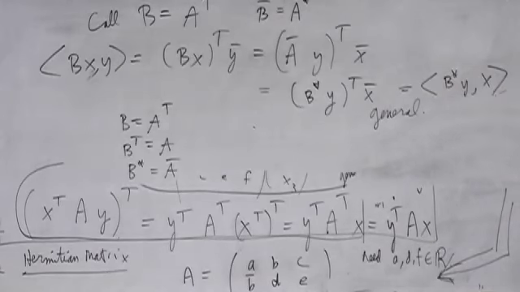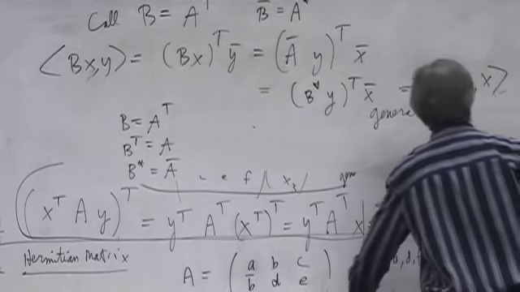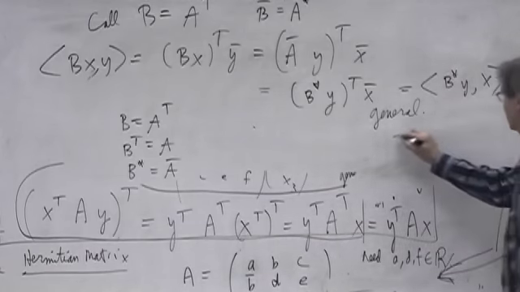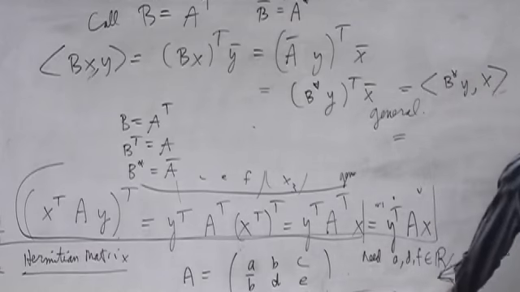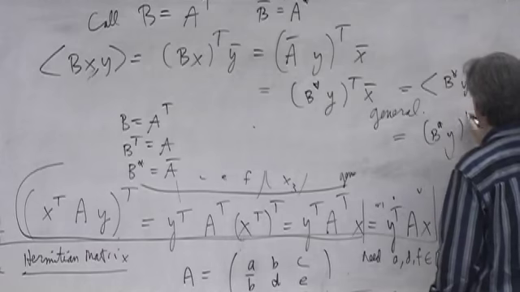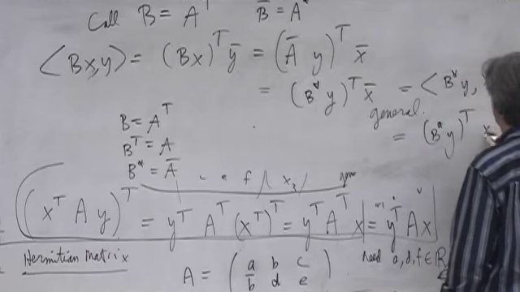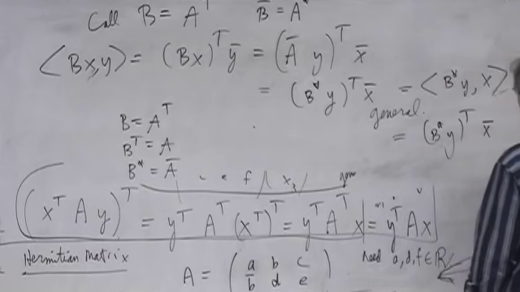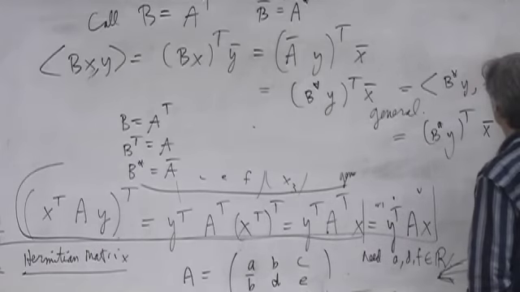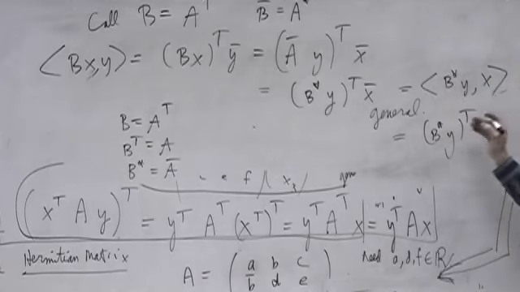If I want to get the other thing, what I do is conjugate and conjugate again. So if I take this, B star Y transpose X bar, and I want to conjugate, and then if I flip the sides, that's the same thing as conjugation, right?